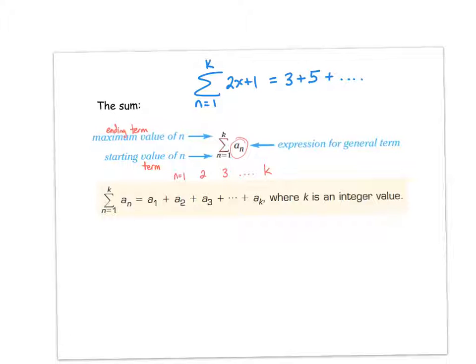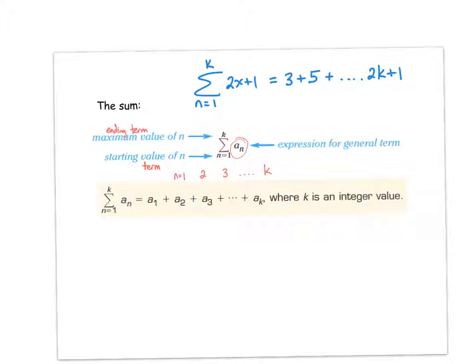Plus, all the way until I plug in k. If you added up all of those terms together, that would be the summation of 2n plus 1 from n equals 1 to k. The bottom there is just indicating what I just explained. All right?